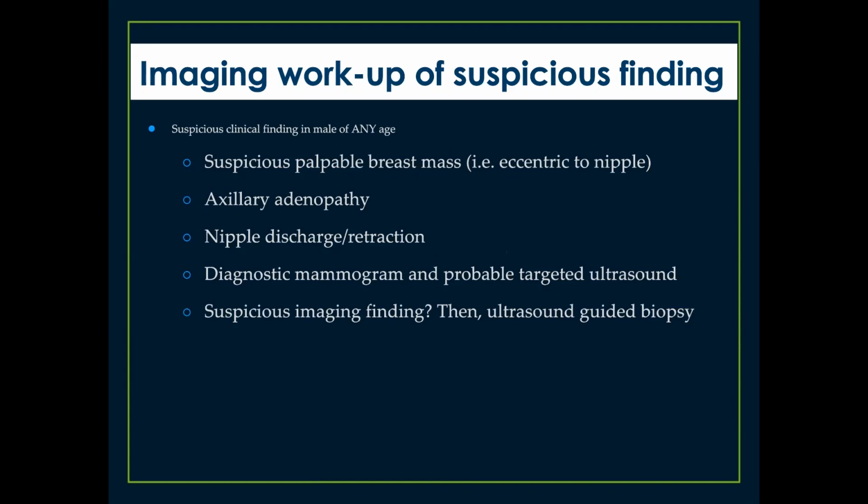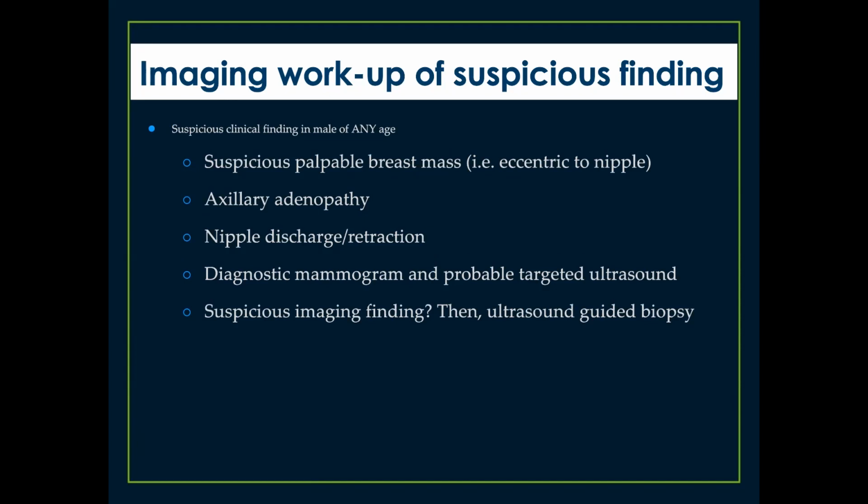So on the other hand, if there is a suspicious clinical finding or combination of findings in a male patient of any age, then we definitely want to start with the diagnostic mammogram and probably do a targeted ultrasound. Again, just to review, the suspicious findings would be a palpable breast mass, particularly if it's hard and eccentric to the nipple, axillary adenopathy, or if there's nipple discharge and/or retraction.